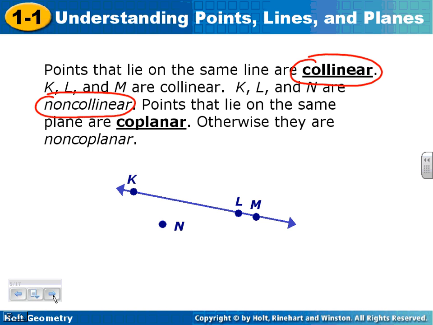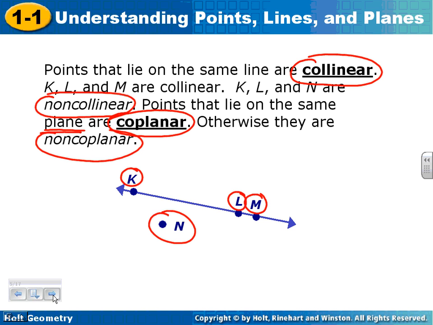So if you look, here's K, here's L, there's M. They are collinear. They're all on the same line. But if you throw in this point out here, N, that's non-collinear. Keep reading. Points that lie on the same plane are coplanar. Otherwise, they are non-coplanar.